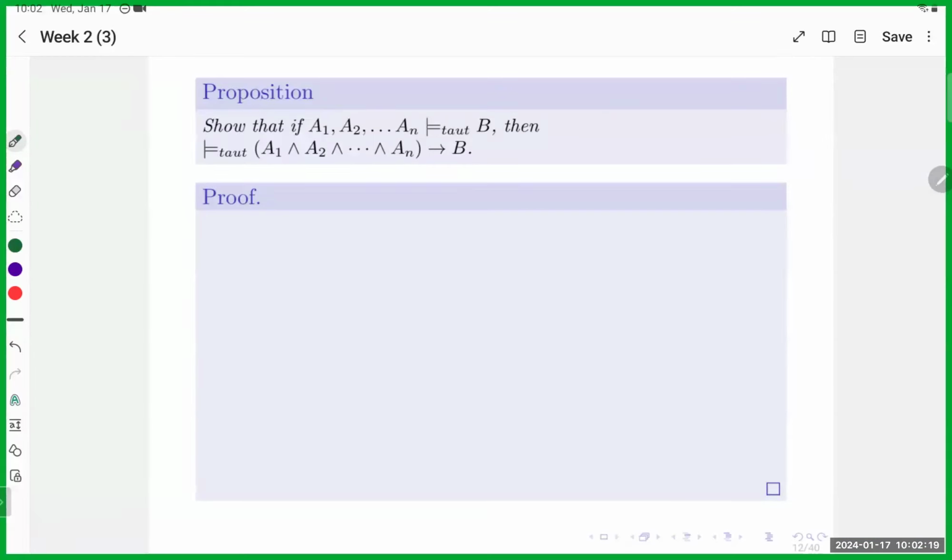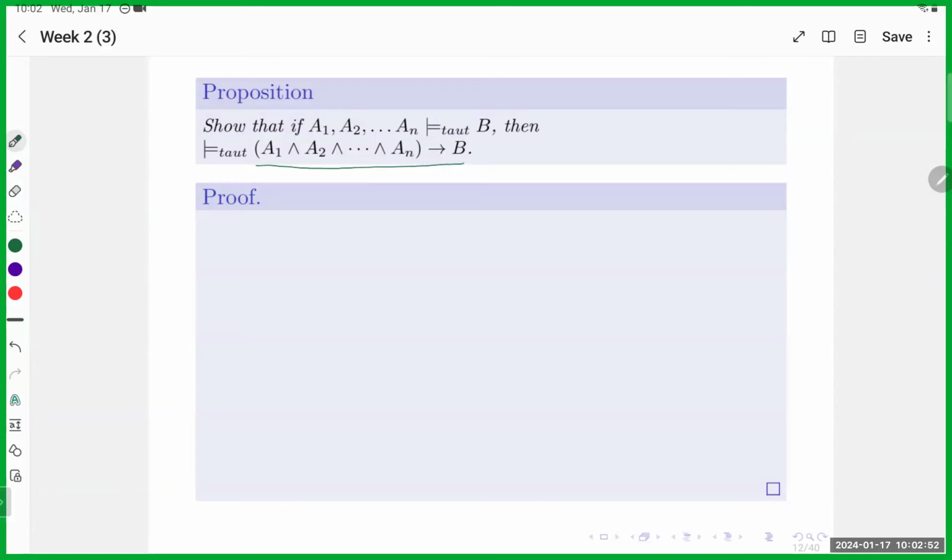If A1, A2, ..., AN are the hypotheses, we agreed that when we have finitely many formulas, we just list them as hypotheses. If A1, A2, ..., AN tautologically implies B, then this statement, A1 and A2 and all the way to AN implies B, is a tautology.